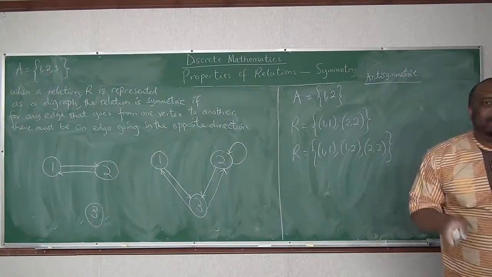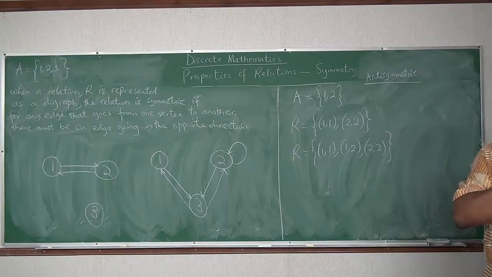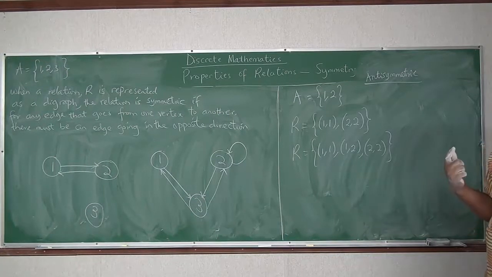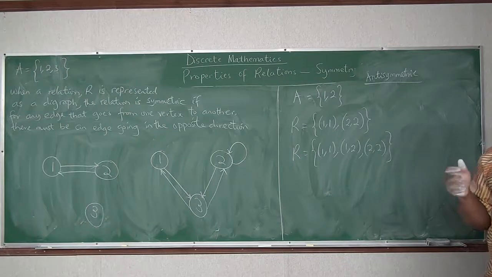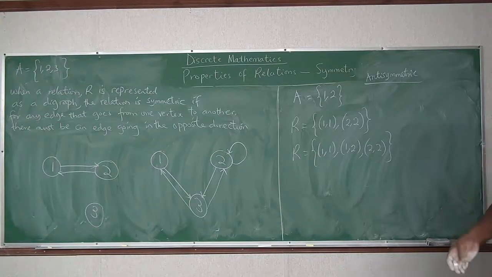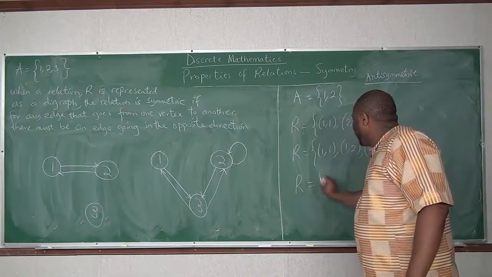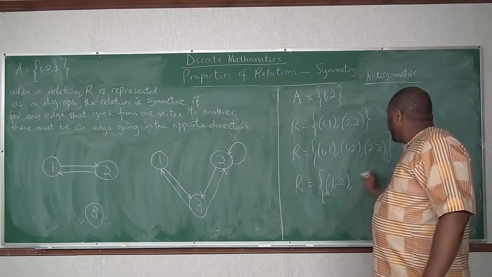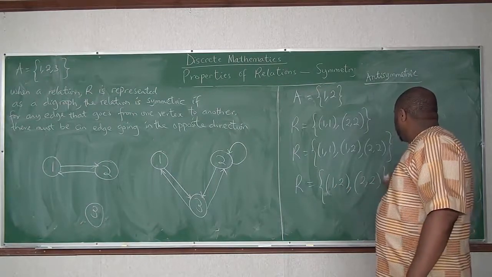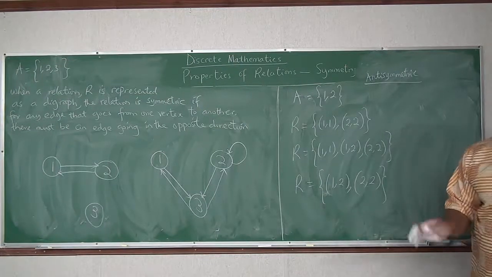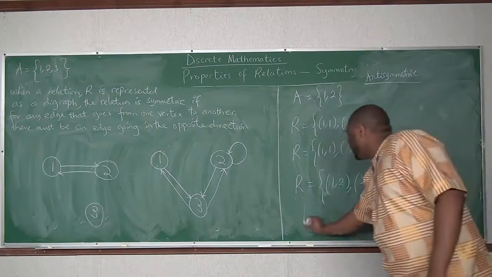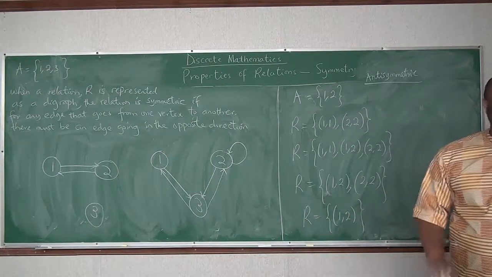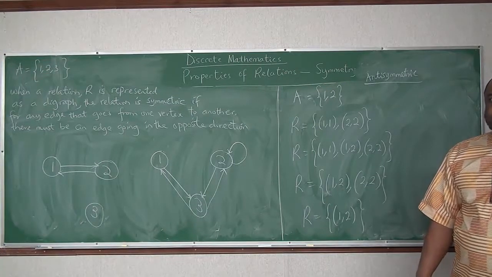We just cannot have 2, 1 with antisymmetric. We can have 1, 2 and 2, 2, but we cannot have 2, 1. We can even have only 1, 2, but we cannot have 2, 1.